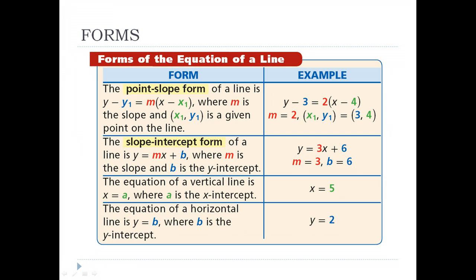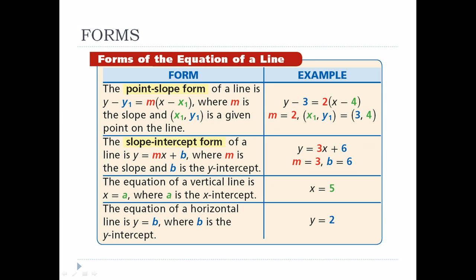M is the slope and x1, y1 is the given point on the line. For example, if we are given that m equals 2 and x1, y1 is 3, 4, we simply plug in the 3 and 4 in place of x1 and y1 and put the 2 in place of m.